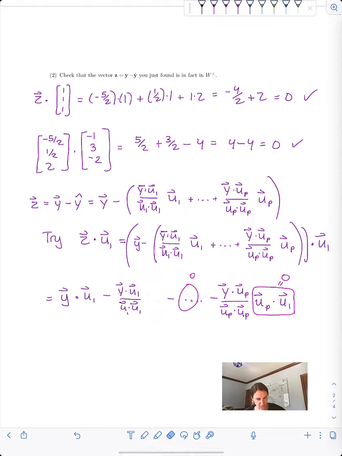So because all of this is dotted with U1, in case that wasn't clear, this is that thing and then dotted with U1. But now we can cancel out the U1 dot U1. And so we are actually left with Y dot U1 minus Y dot U1, and that equals 0.